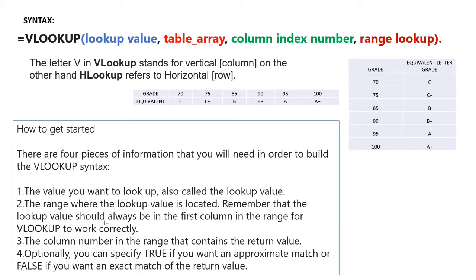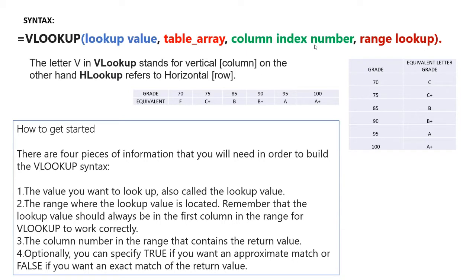Remember that the lookup value should always be in the first column in the range for the VLOOKUP to work correctly. So assuming that this is your table array, as you can see the lookup value is on the first column of your array. Okay, and take note that the lookup value should be arranged in ascending order.